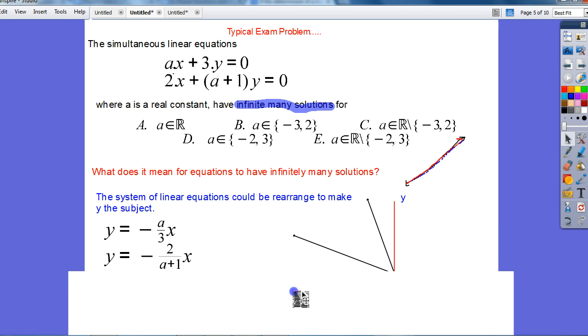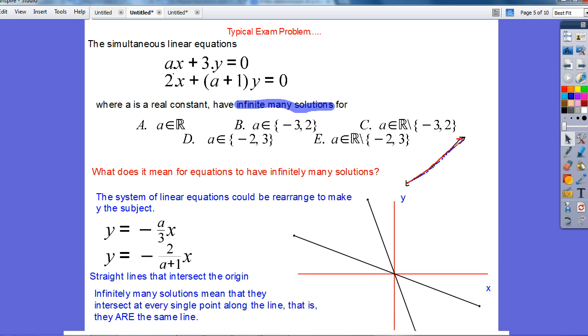Now, let's consider that. First off, let's take our system of linear equations and rearrange them, and we're going to make y the subject. And we're going to end up with two linear equations, and they're the gradients. Alright, straight lines, they intersect at the origin like that. Now, for it to have infinitely many solutions, they intersect at every point along the line, that is, they are the same line.